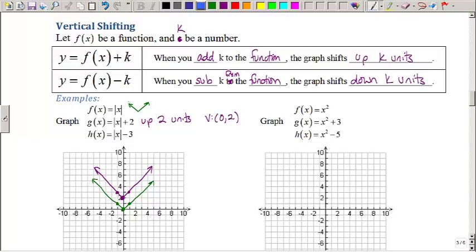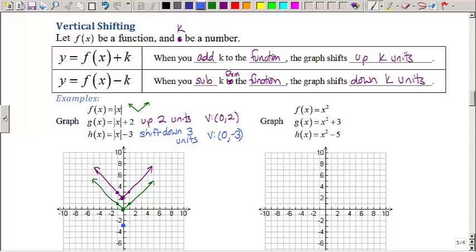Notice we still have that same green parent function, except this time I'm going to be shifting down 3 units. The reason I'm shifting down is because I have a minus on the 3. So I'm shifting down 3 units. Going back to my green parent function, if I shift the points down 3, notice your new vertex is going to appear at 0, negative 3.